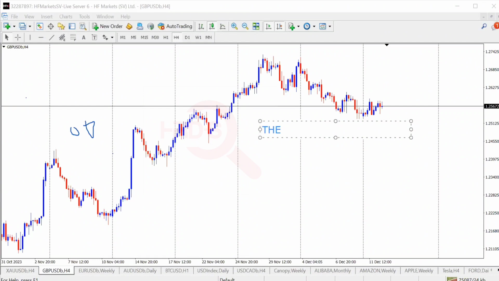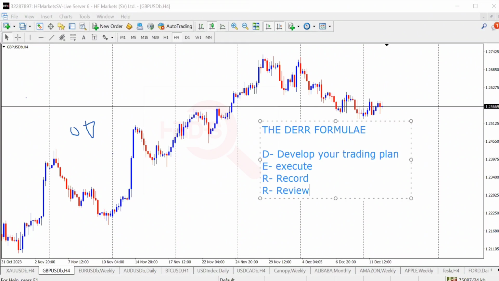I call it the DEARE formula. Now, this is the best formula out there you can use to smash any asset in the financial market. Why did I call it the best? Because it will capture every market condition.